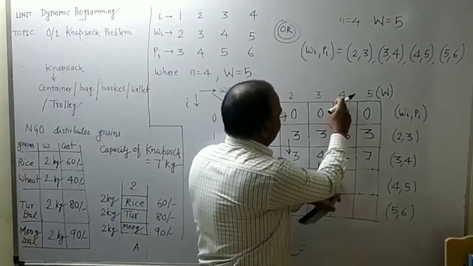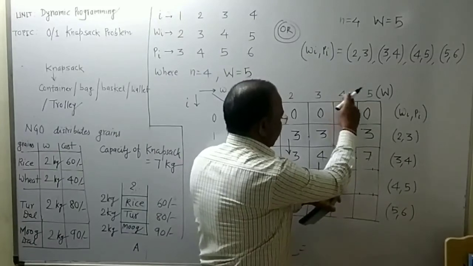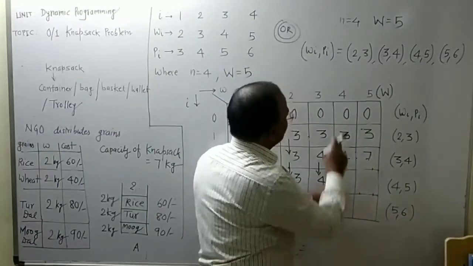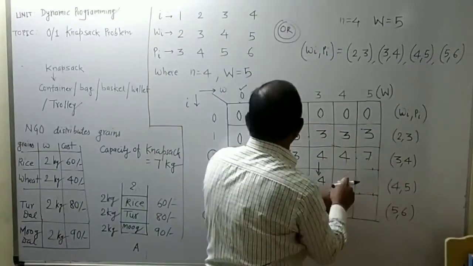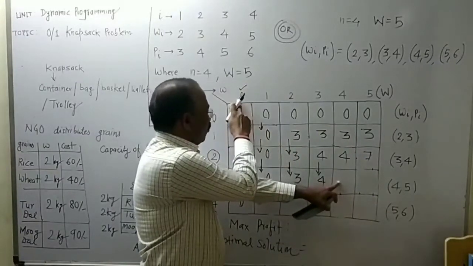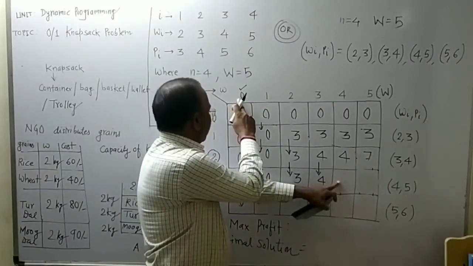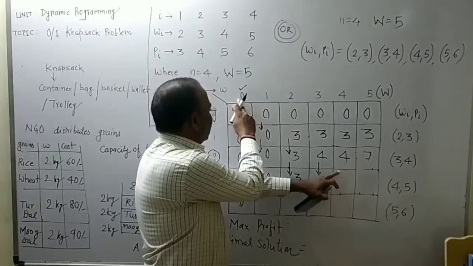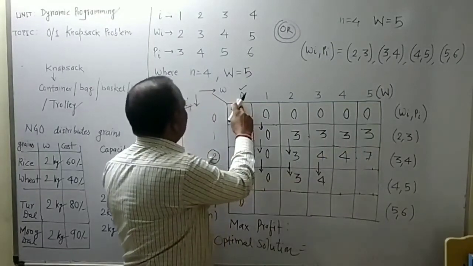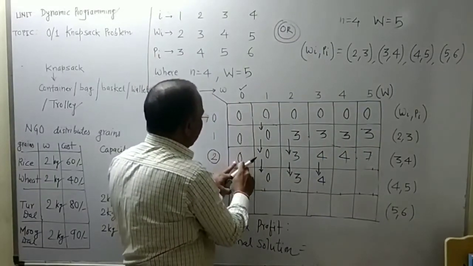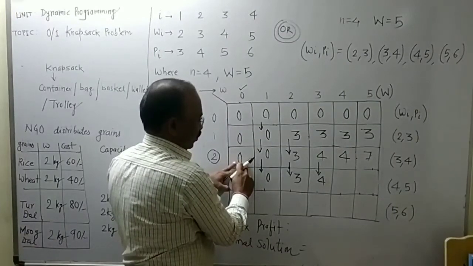How to select the column? From 4, subtract this 4. That is 4 minus 4, you will get 0. 0 is nothing but the column we have selected. Now here, see the previous row, that is 2, and column 0, you will get the value 0.